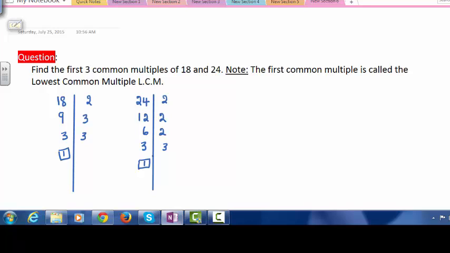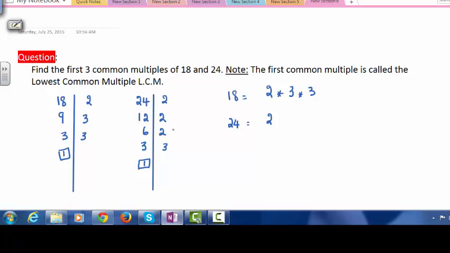The best way to find the lowest common multiple, or the first common multiple, is this. I have 18 equal to 2 times 3 times 3. If you remember, this is a prime factorization. Let's put the 24 under the 18 and create columns of the same number. Do I have 2? Yes, I can add 2 under 2.